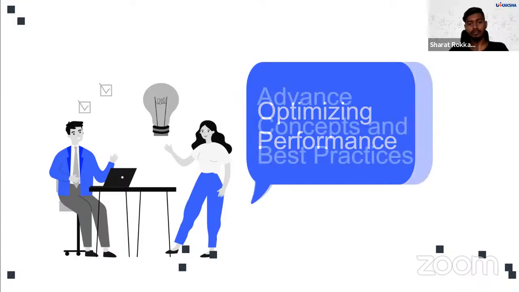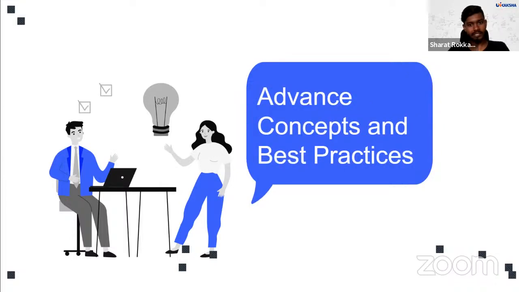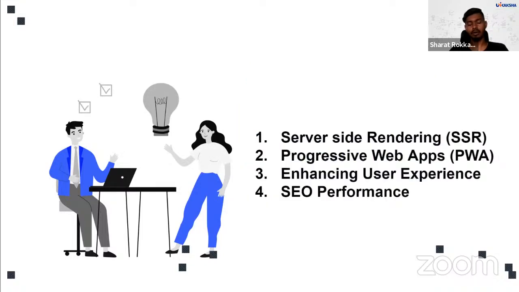And after that, once we understand optimizing, we also need to understand what the advanced concepts in a single page application are, and what the best practices are that you need to be following. Coming to your screens, the things that you are able to see: server side rendering, progressive web apps, enhancing user experience, and SEO performance.